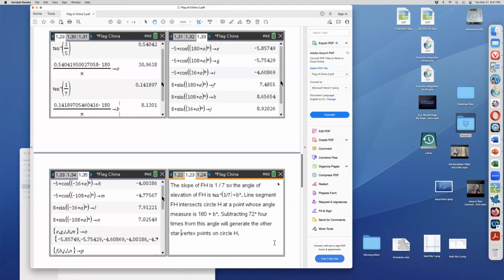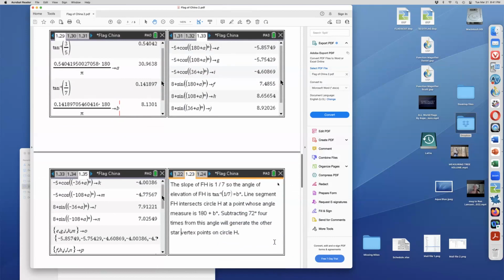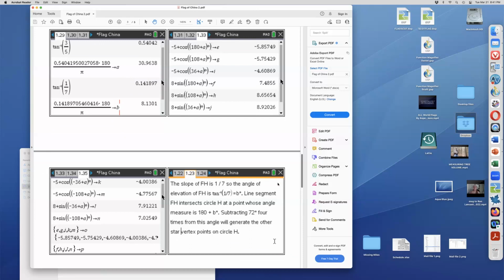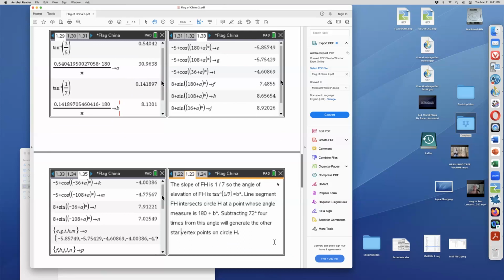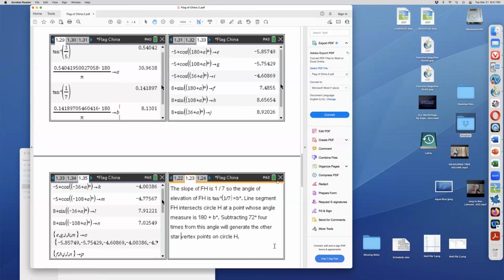And then on the slide on the right there, it shows how I identify those coordinates using the 180 plus A, and then subtract 72 again. And then I do the same thing with the Y coordinates. Start with 8 sine 180 plus A, and then keep subtracting 72. And I label these numbers with letters.